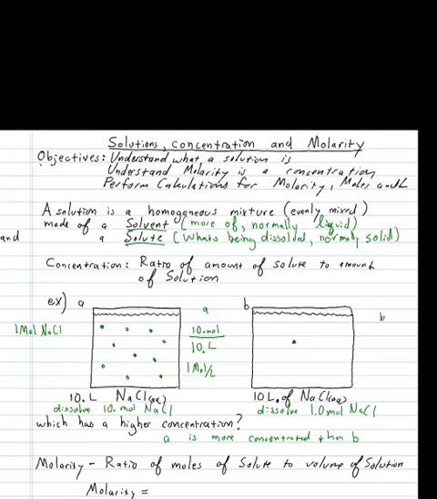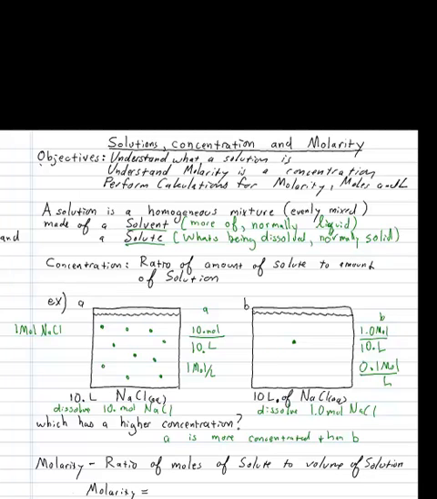We're going to learn a special notation to determine that in just a little bit. In B, we have 1 mole in 10.0 liters, or 10 liters. And that would be a concentration of 0.1 mole for every liter.